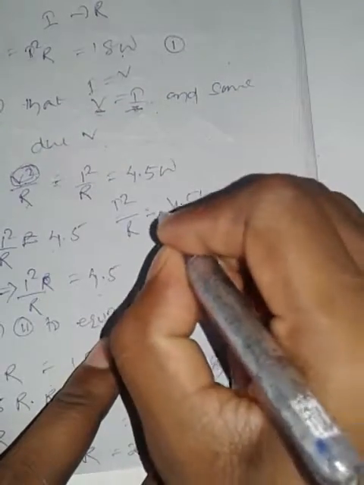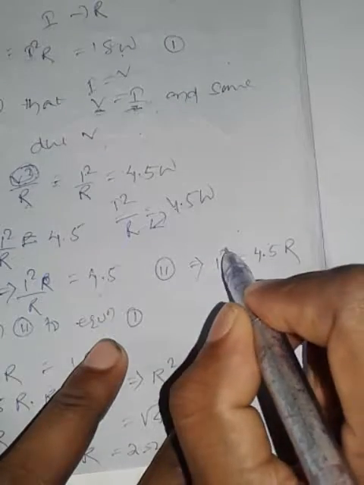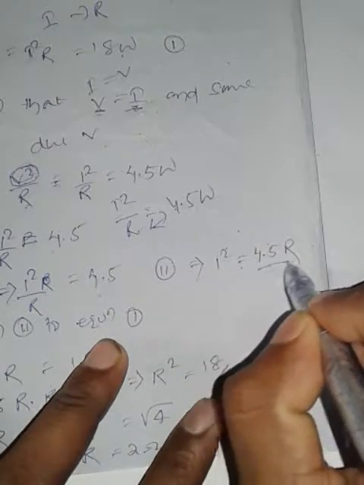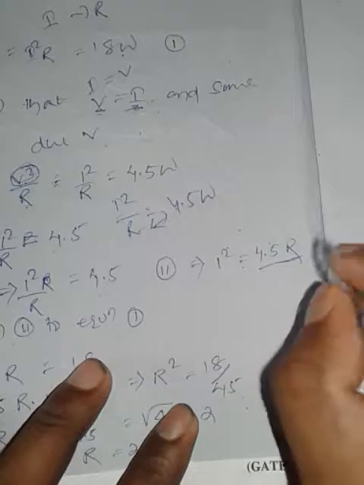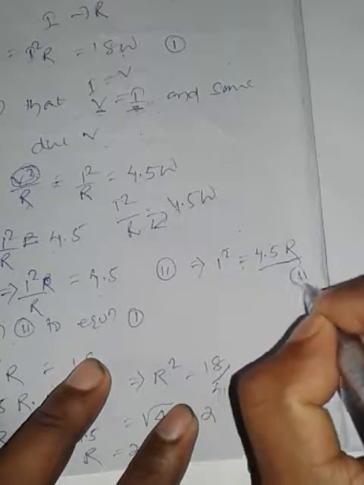Cross multiply this one. So I square is equal to 4.5 R. This is equation 2 and this is equation 1. Put equation 2 in equation 1.